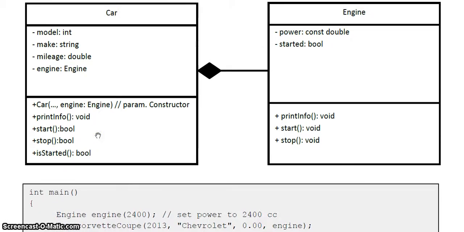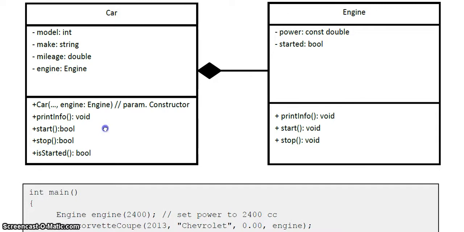Is started is simply a Boolean function which would return whether the car is started or not, and the status of the car is basically not separate. It depends upon the status of the engine. So the definition of is started might include something like return engine dot started.